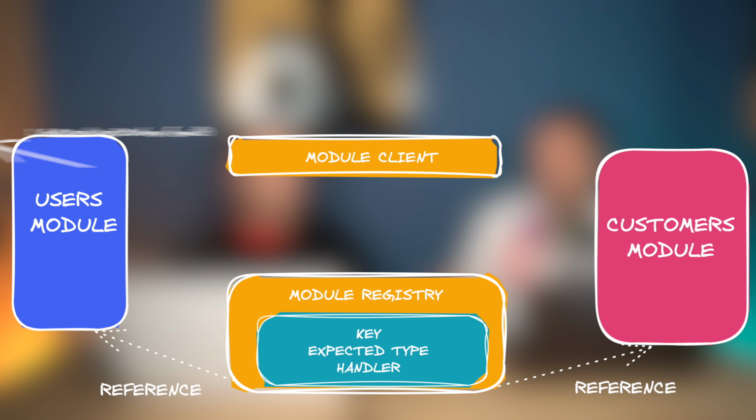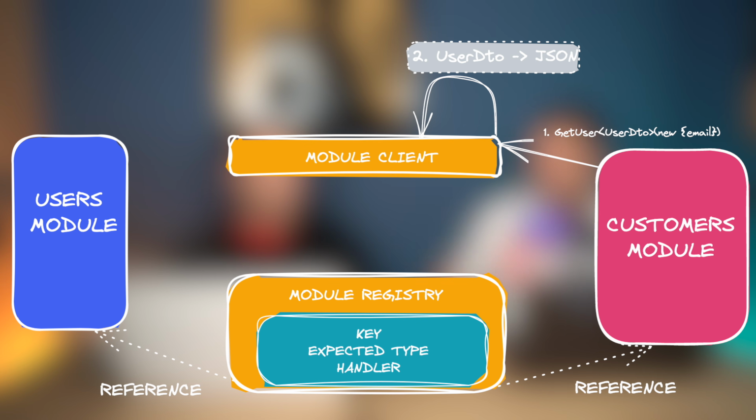So what we'll do is the following. From the customer side, we will basically serialize the message, and later we'll need some sort of registry that allows us to get the type. Once we bootstrap the whole application, the users module will say, okay, if you would like to call this particular query, so get user by email, then this is the type that I can give you.